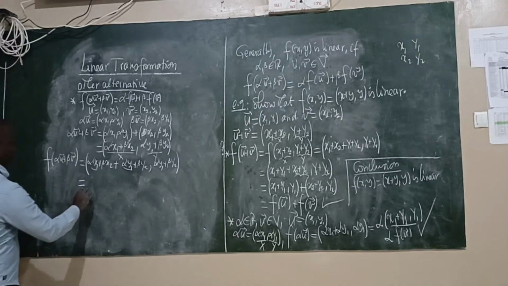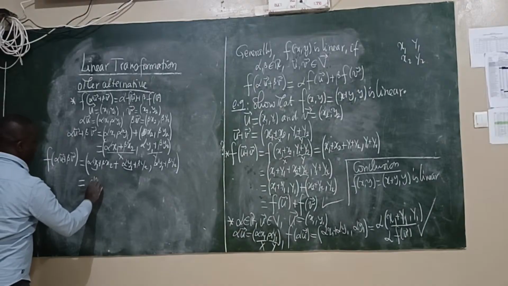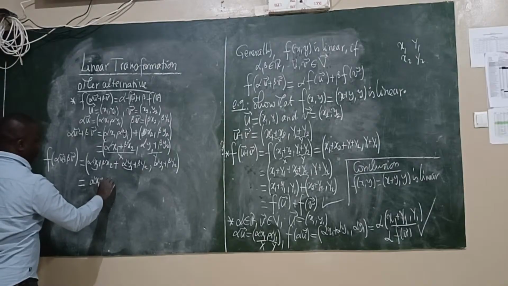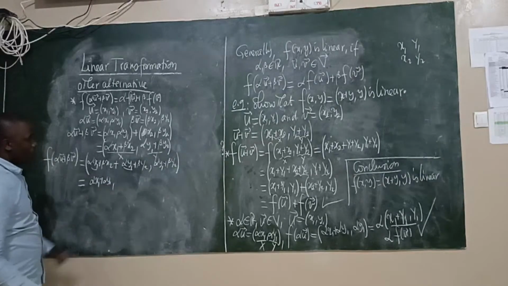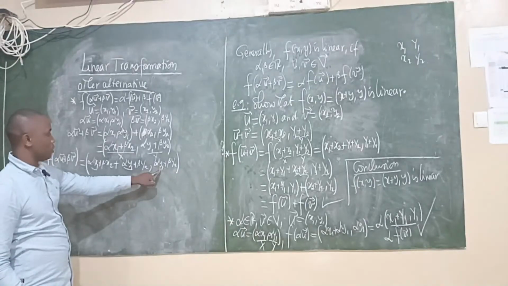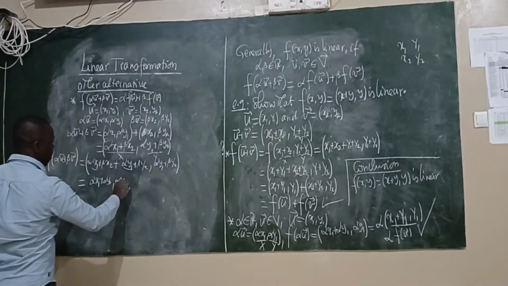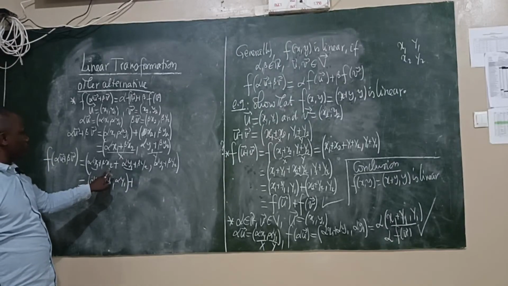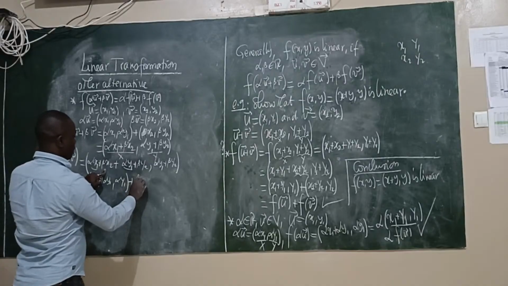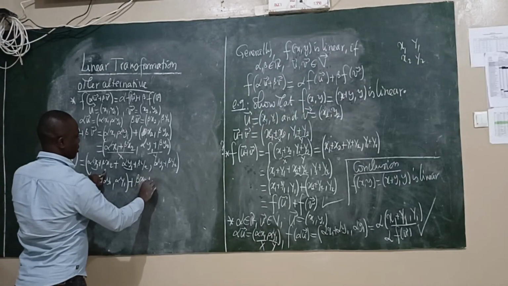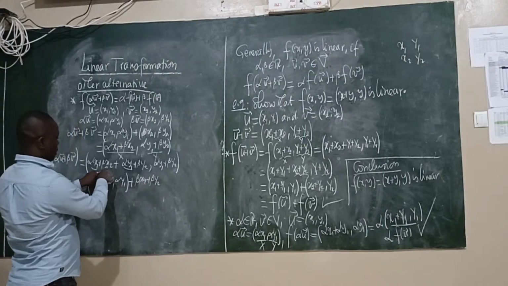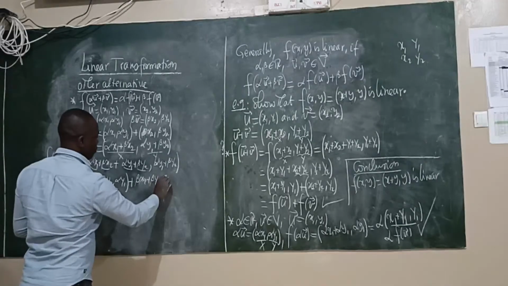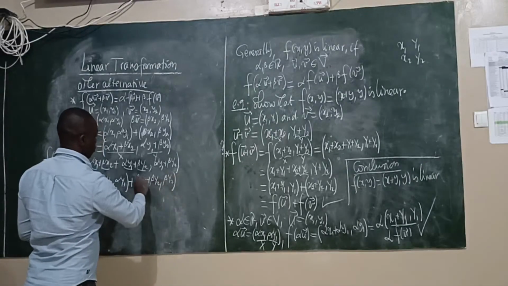That means here we have alpha x1 plus alpha y1, comma, here we are going to have alpha y1 plus those with subscript 2. Here we have beta x2 plus beta y2. This is going to be with this, comma, beta y2.